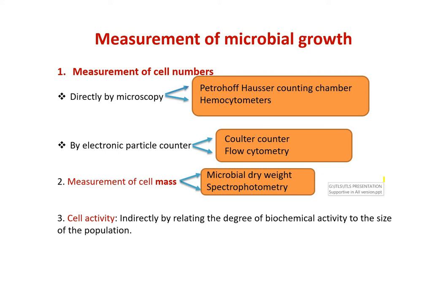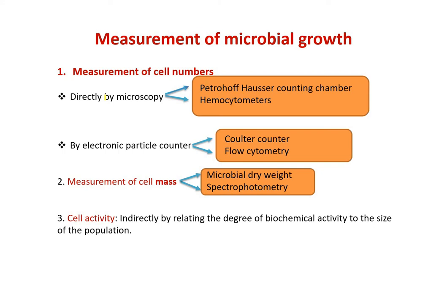The measurement of growth can be done by the measurement of cell numbers, the measurement of cell mass, or the measurement of cell activity. For the measurement of cell numbers, first it can be done directly by microscopy, and the devices used for counting these cells are the Petroff-Hausser counting chamber and hemocytometers.